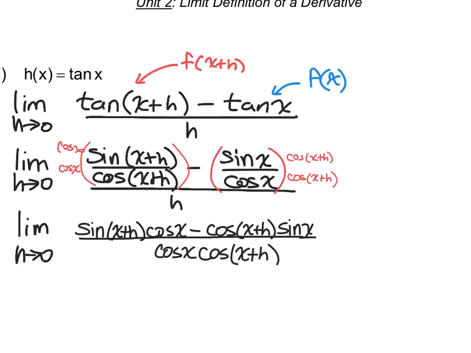Now this whole thing is over h, but h could be thought of as h over 1. Ultimately, what I'm looking to do is take this result and divide it by h over 1. Well, dividing two fractions is the same as multiplying by the reciprocal. Keep, change, flip. So if I multiply the result of this by 1 over h, that's just going to put the h on the bottom. I'll just tuck that in right there. Save myself a step.